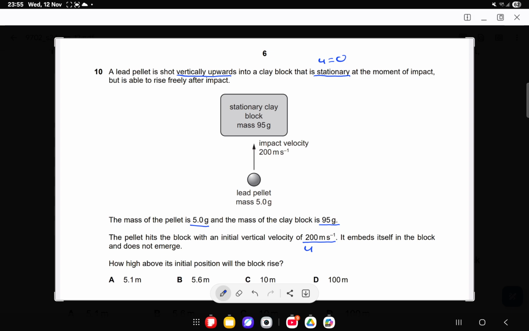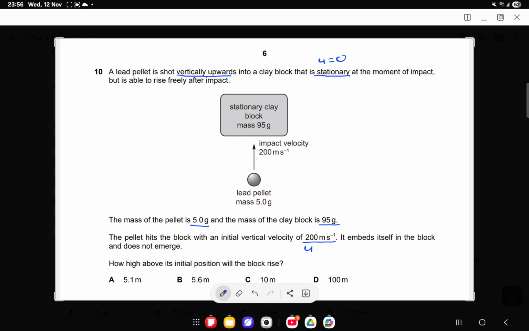So, in this question, you are going to use the conservation of momentum, which states that in an isolated system, the sum of momentum before collision is equal to the sum of momentum after the collision.